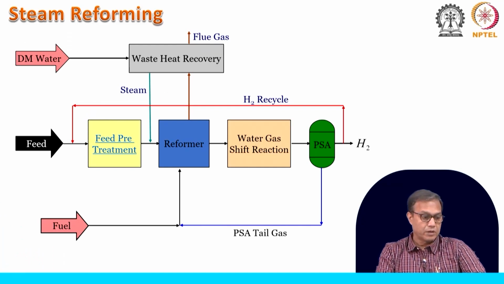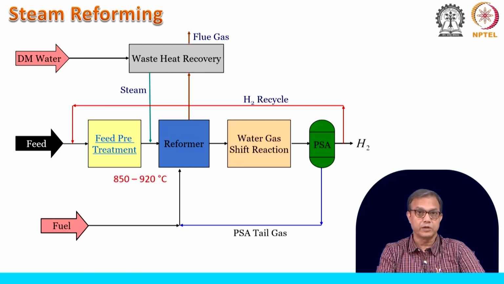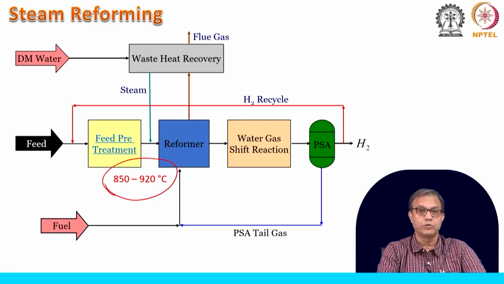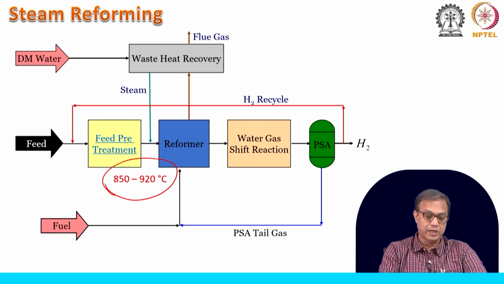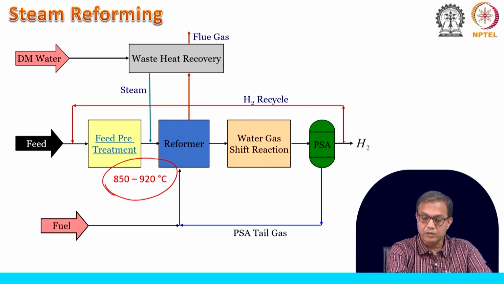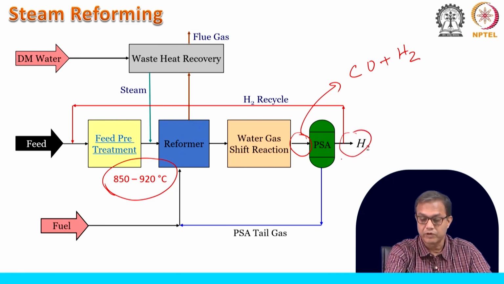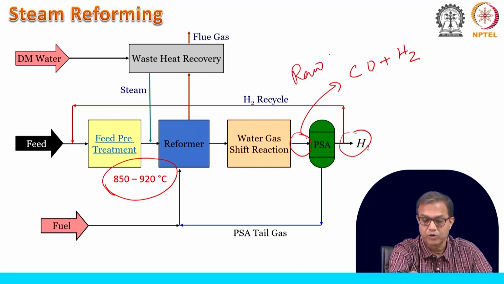So, in these processes, this is of course the steam reforming, and we have learned that the product is coming at 850 to 920, as I was telling. After this water gas shift reaction, this will give you the CO plus H2, and from there finally the H2 product, which will basically be the raw hydrogen at this point.